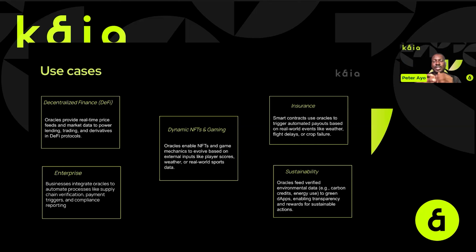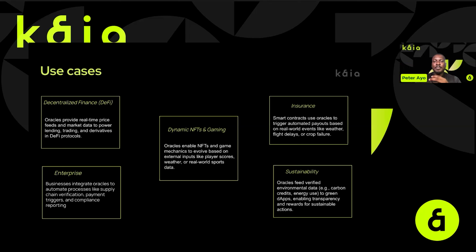So with oracles, we can build dynamic NFTs such that they evolve based on the price action of a particular asset or based on a player score. It is dynamic because it can react to external data sources. That is why they are dynamic.